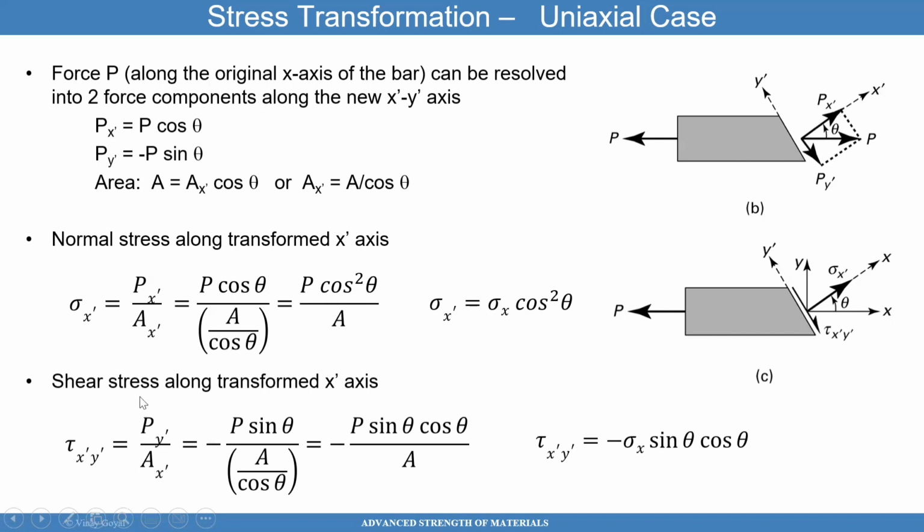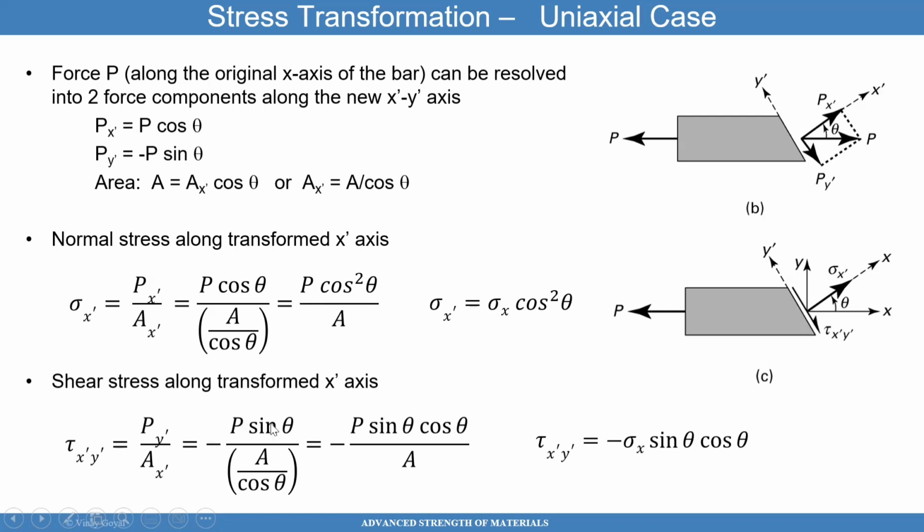Let's look at the shear stress along the transformed axis x prime. The shear stress is really tau x prime y prime. I'm looking at the shear stress tangential here. That is the shear force P y prime divided by the area A x prime. This cross section is slightly bigger now.